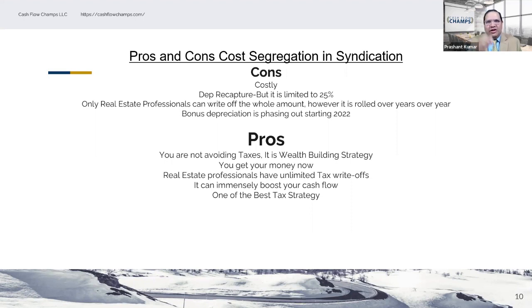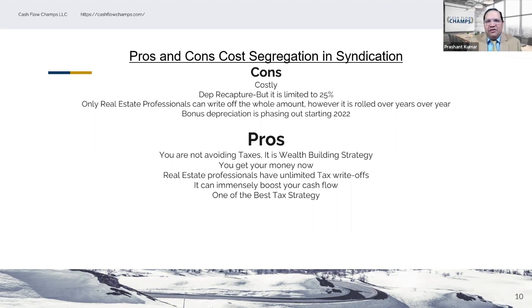In the real estate world, you want to use accelerated depreciation because it puts the dollar in your pocket now, right? A dollar today in my pocket is more valuable than a dollar tomorrow, because once I have done it, I reduce my taxes, I have this dollar, and I invest that dollar at 10 to 15% return in other assets.